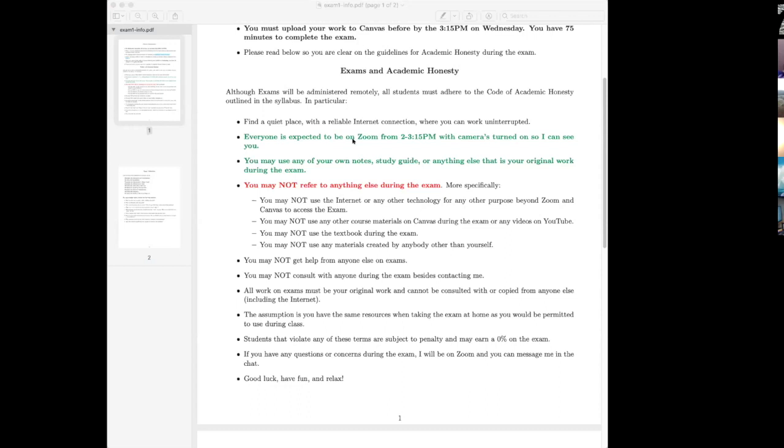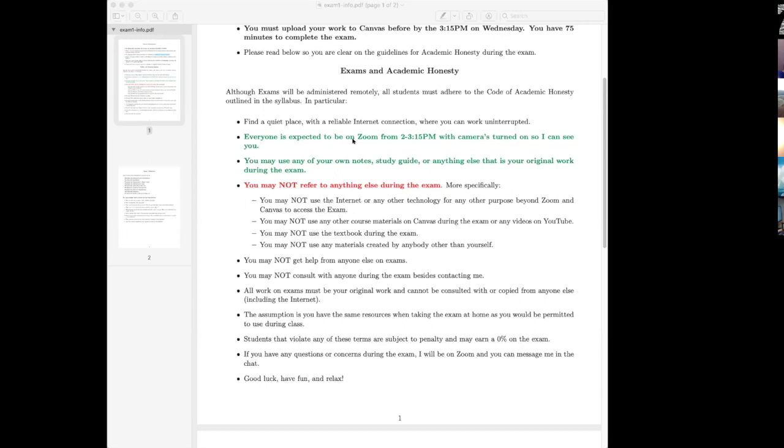You're welcome to use your own notes during the exam, but you're not allowed to use anything that you didn't create. So answer keys are my work, so you're not allowed to use those, but you can use your own answer keys if you want to during the exam. You're allowed to put together a study guide. You're not allowed to use the textbook.